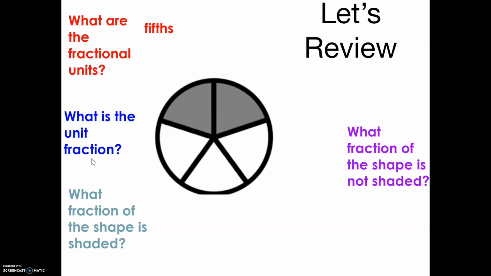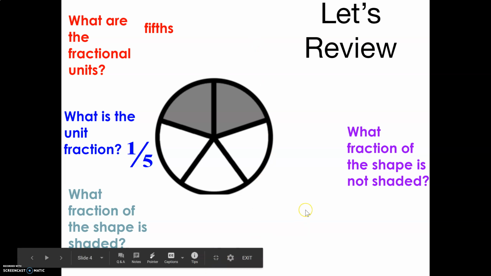For this model, what would the unit fraction be? Remember, the unit fraction is always the name of one of these fractional units. What would we call one of these pieces? If you said 1/5, you got it. Then we also learned that we could name the part of a fraction model shape that is shaded.